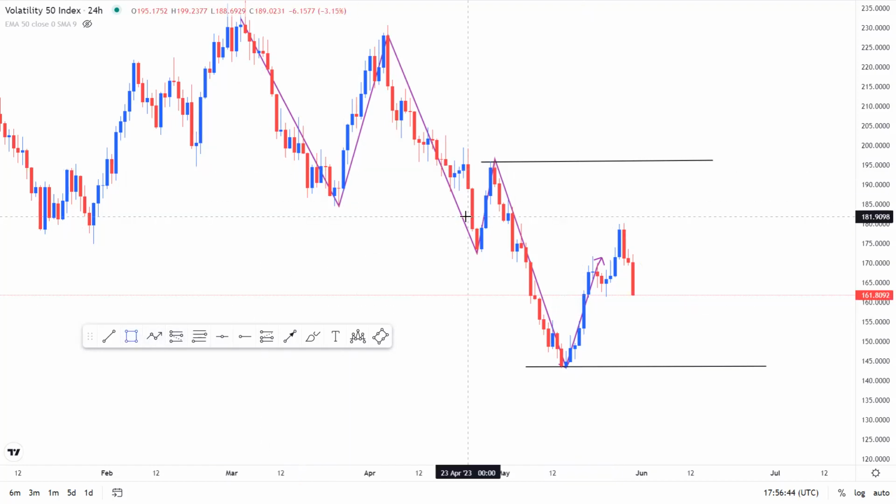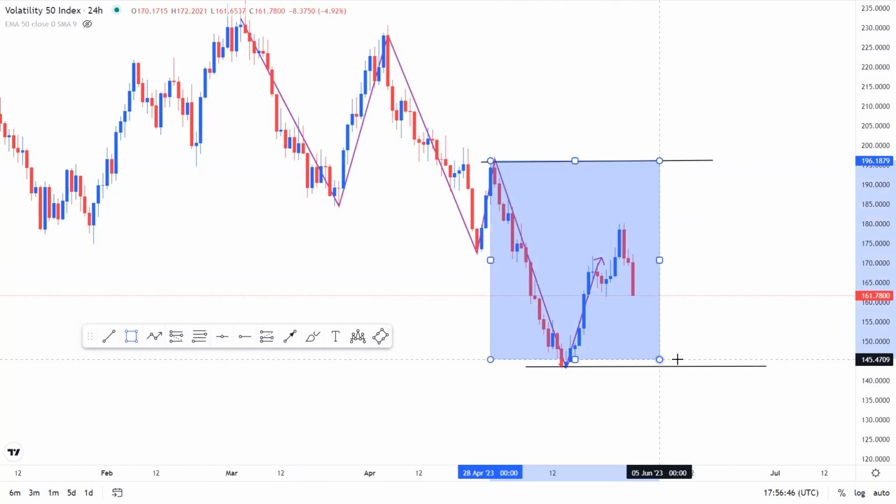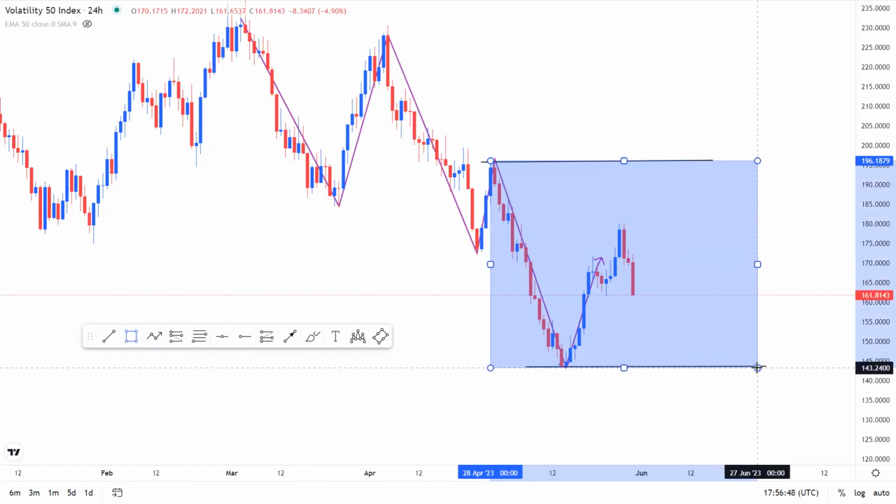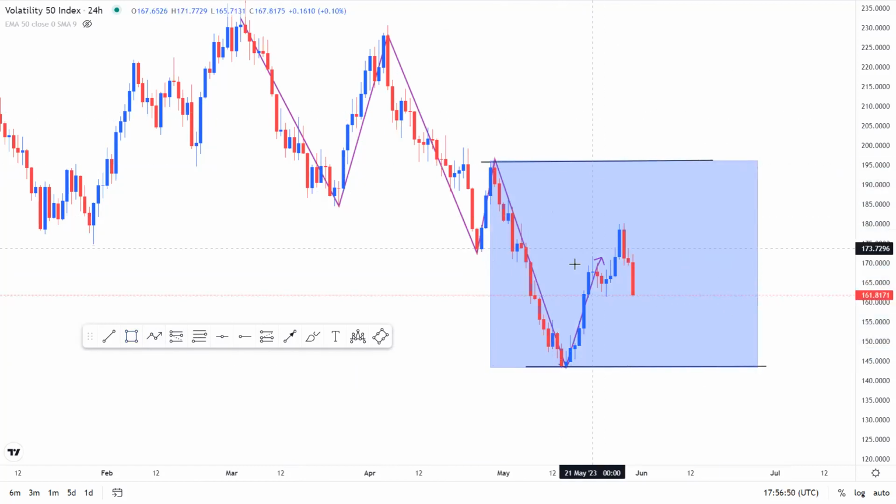There's something I usually like to do. I like to box off this level just to be very clear that this is where I'm going to be looking for sell continuation opportunities in line with the market flow, the downtrend.